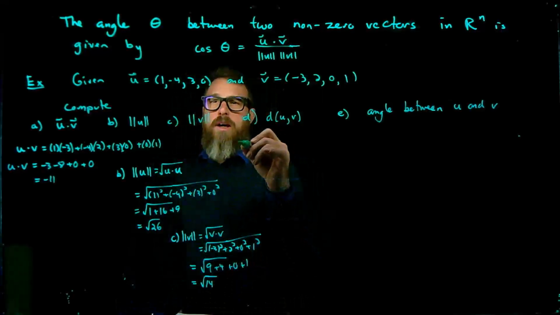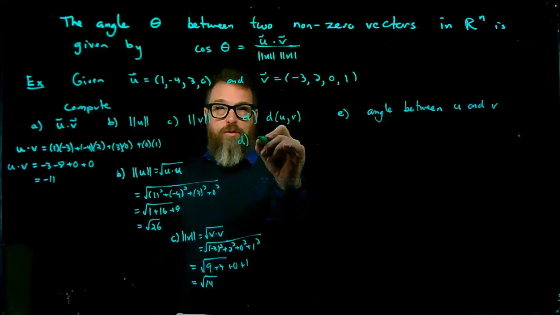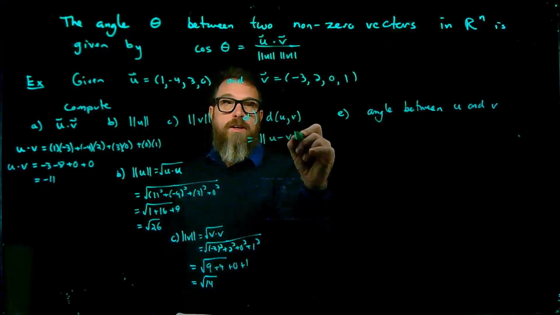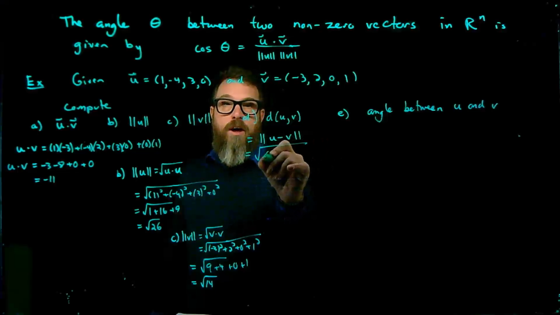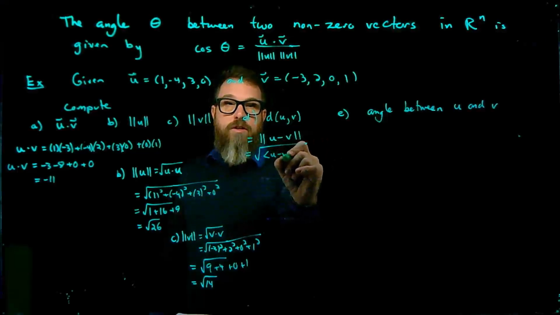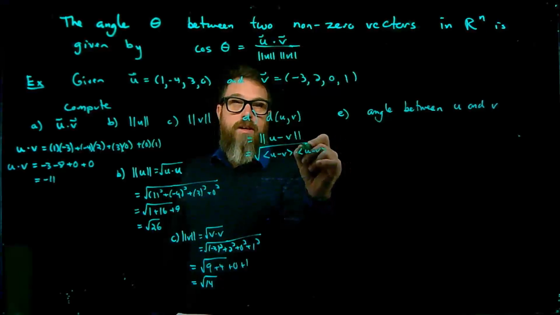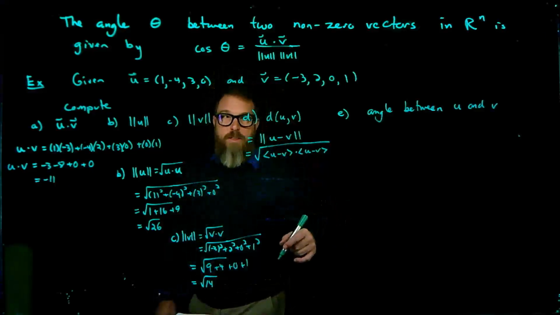D, if I want the distance between two vectors, well, the distance between two vectors we already know is the magnitude of u minus v. Now, since this is a magnitude, I could also write it as the square root of the dot product of u minus v with itself. So again, we can see that the magnitude is very much related to a dot product.